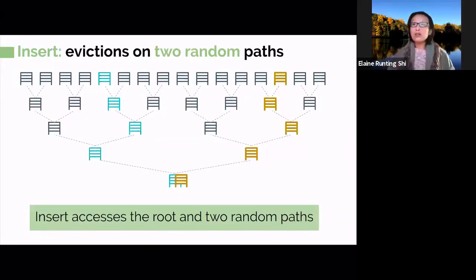And again, the important thing to observe is that the insertion touches only the root bucket and two random eviction paths. And therefore, insertion chooses a random path for the newly inserted element without revealing the choice of the path. And later on, when we extract the element, the path revealed there is fresh and uniform at random.